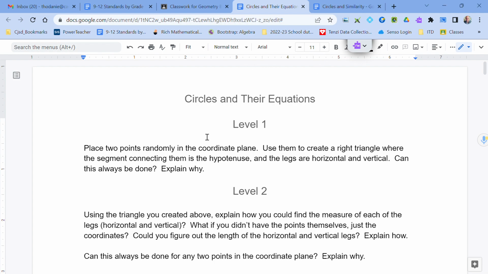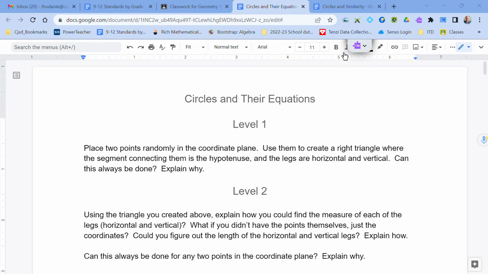Okay? So then it says, can this always be done? So let me just try this real quick. Watch. I'm going to hide that line and just say, if I have 2 points randomly in the coordinate plane, can I always make a right triangle out of them with horizontal and vertical legs?